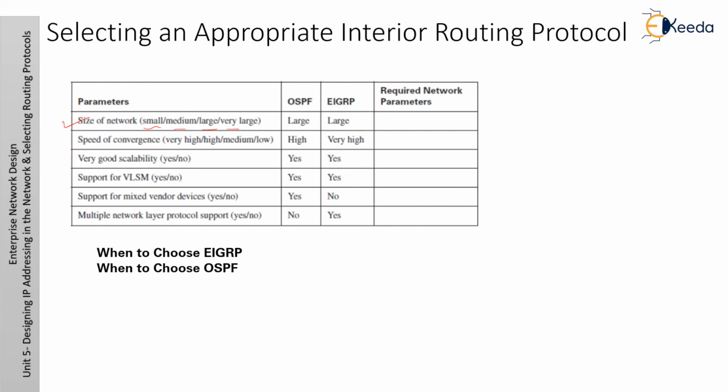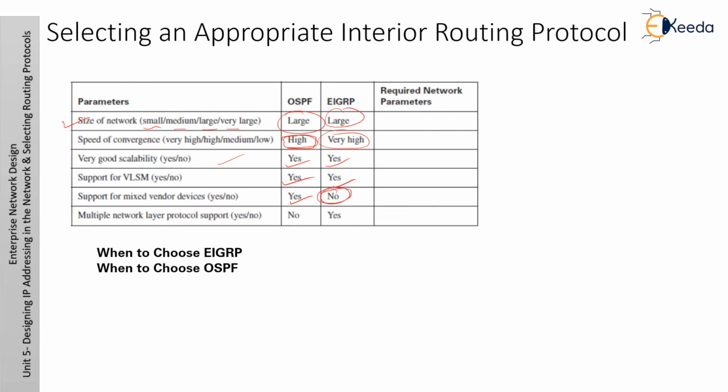OSPF supports large networks, and EIGRP also supports large networks. Speed of convergence: what is the degree of synchronization you want? A high degree of synchronization is there with OSPF, and EIGRP supports a very high degree. Scalability, both support scalability. Support for VLSM, already seen in the previous table, both support VLSM. Support for mixed vendor devices, yes.